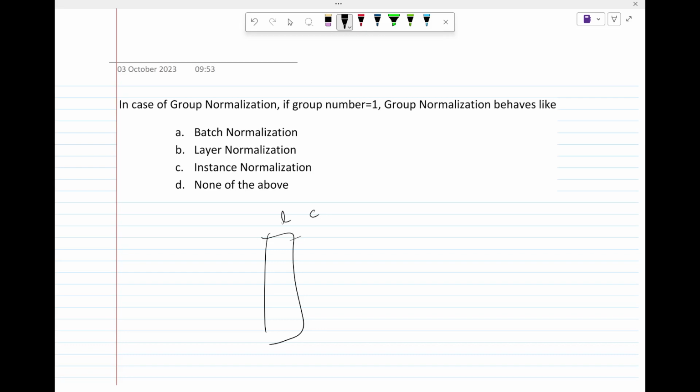So let's say these are your activation maps, if it is some image. Let's say you have group G1, group G2, group G3.